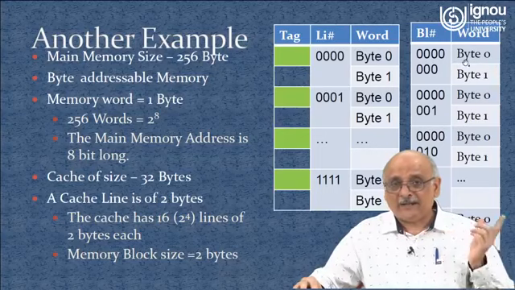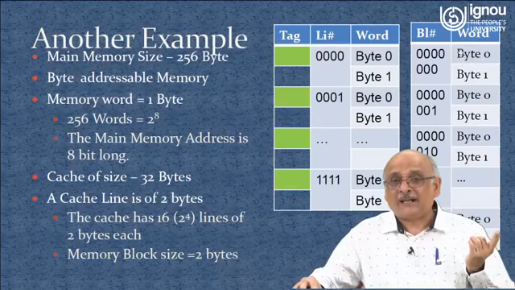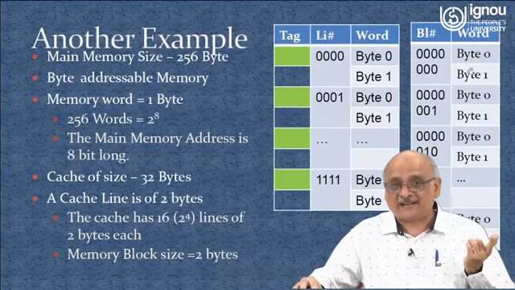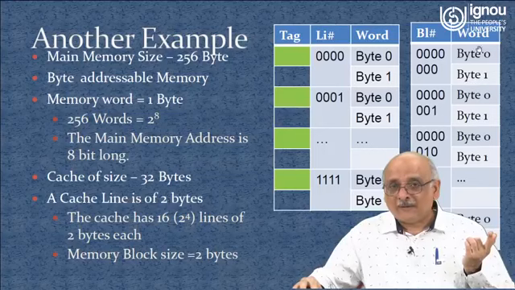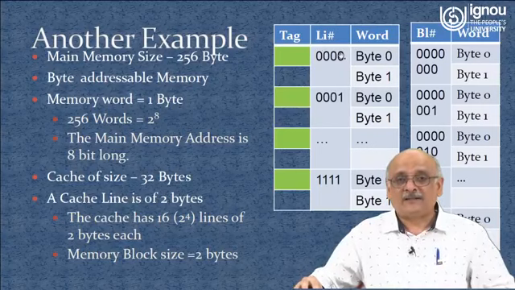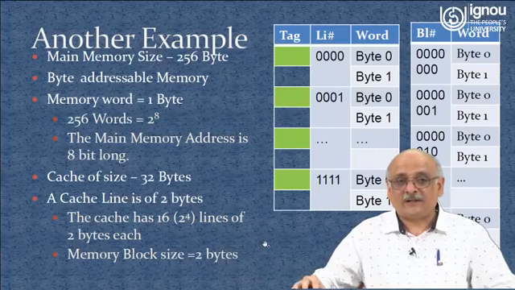In the previous case the block size was 1 only, but here the block size is 2. So two bytes are shown; a word is a byte. So this is what you see, one particular block here. Byte 0, byte 1, like that. So this is the cache line, where byte 0 and byte 1 will appear.